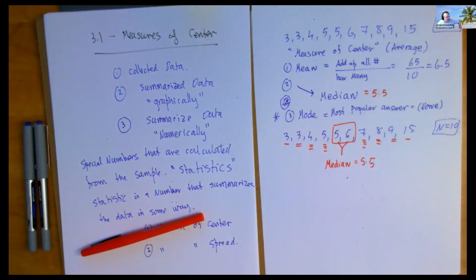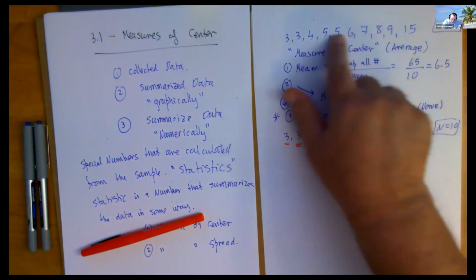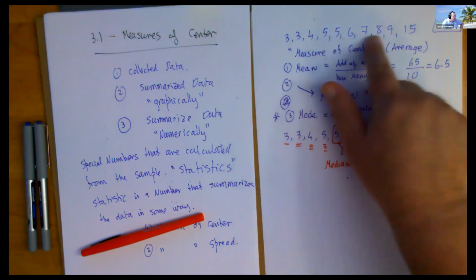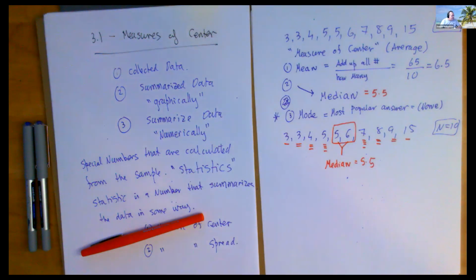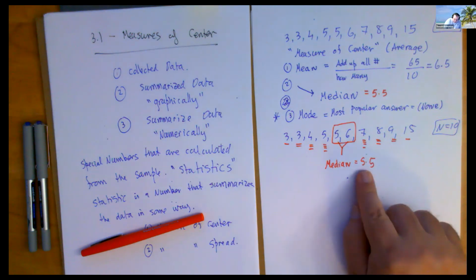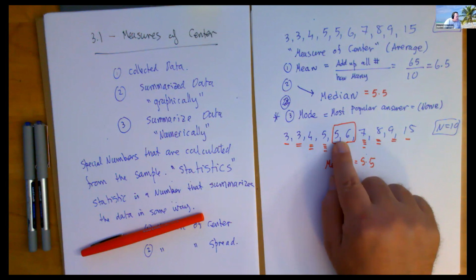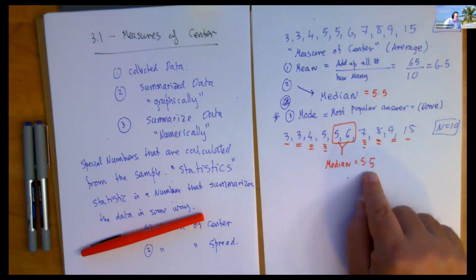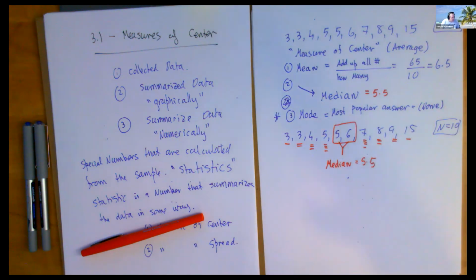There's no reason it needs to be. What that is saying is that roughly about 6.5 or thereabouts, that's roughly where most of the middle people live, right? Where most of the numbers in the center are. In this case, did you notice that the median also wasn't one of the numbers, right? 5.5 isn't one of the numbers. So that is not a big deal.